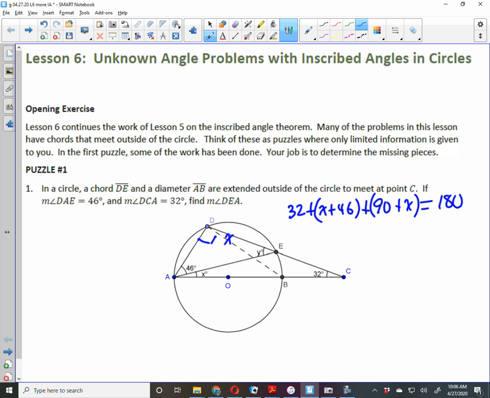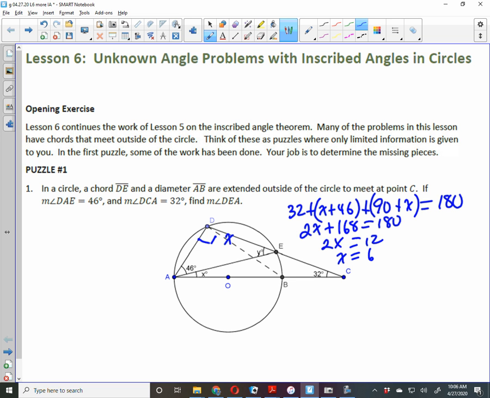Interestingly enough, we might be able to find X here. Okay, the goal is to find Y, but let's take it one step at a time. Clearly, I've got two X's here. 32 plus 46 plus 90 is 168 equals 180. Subtract that, and I got 2x is equal to 12, or x is equal to 6.